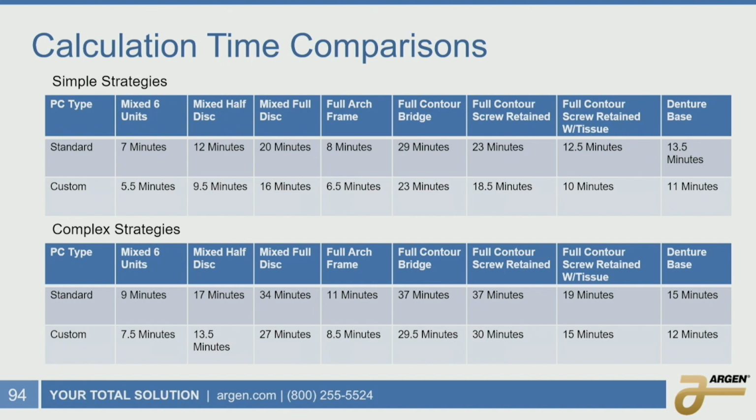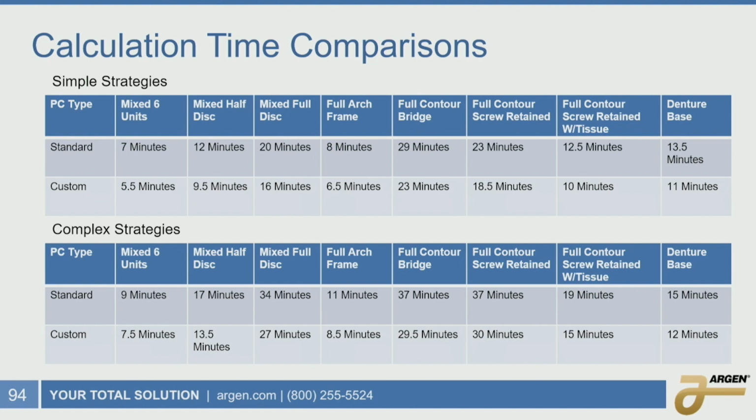On calculation times, we can see here with a standard PC what it would take to calculate a full contour bridge, full arch bridge: half an hour, down to 23 minutes on a better PC. And that's just using the simple workflows. So that's maybe 3+2 indexed, no external undercut milling. Maybe we're not even using the 0.3, we're just using the 0.6 internally, no brush tool.